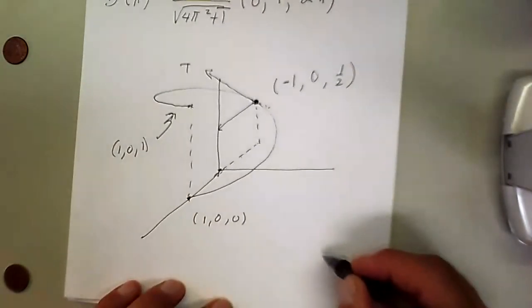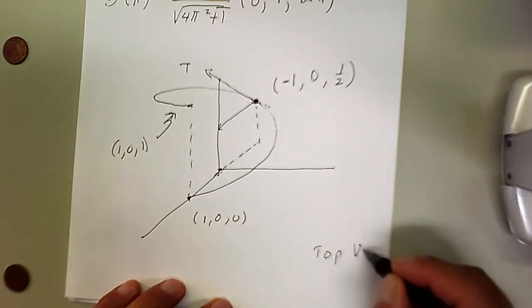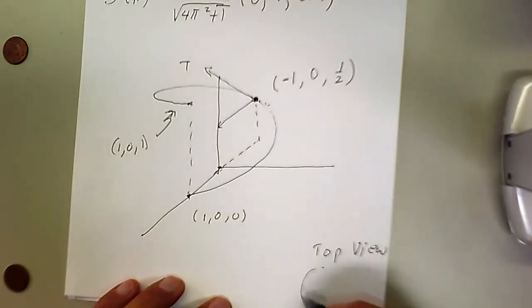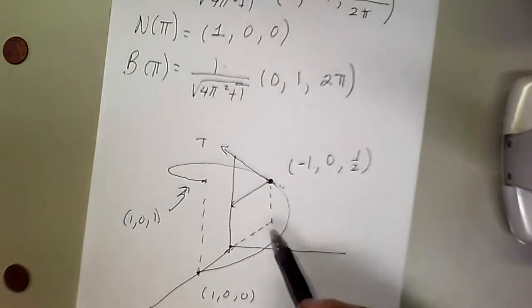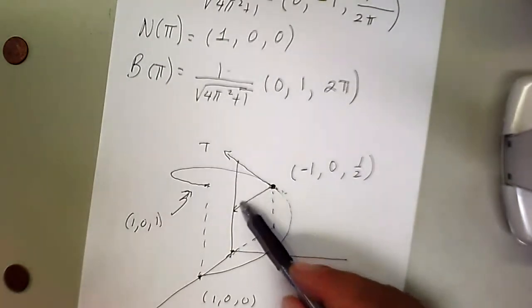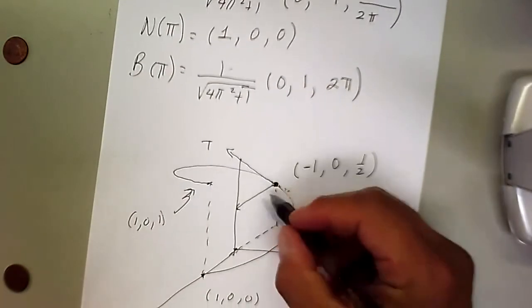The top view is really a circle. And if you start here, and now we're on the opposite side, the bending happens towards the center in this case. Yeah. So this is the normal vector.